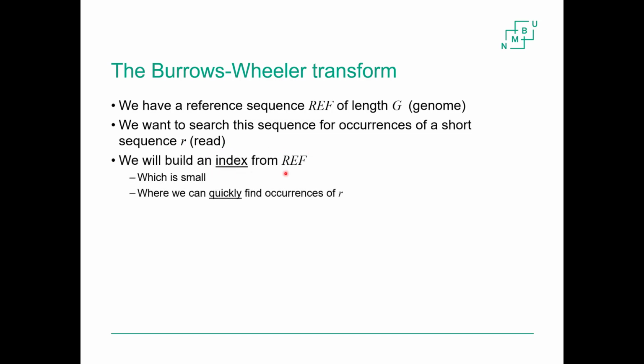So what we do now is try to build an index from this reference, which is small. It shouldn't be super big because computer memory is not infinite, and some of these references can be really big. But most importantly, we must be able to quickly find where this read matches in that long sequence.